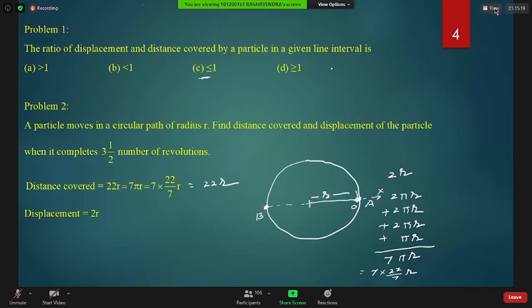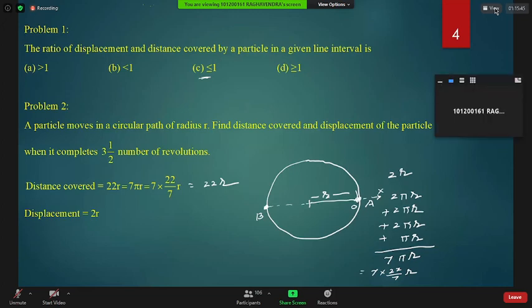Distance covered is length of the path. So when you take length of the path, in one revolution it is traveling 2 pi r. In second revolution 2 pi r. In third revolution 2 pi r and half pi r.